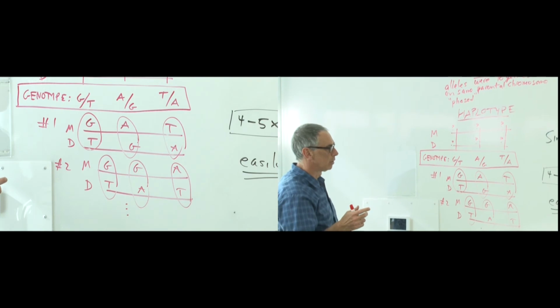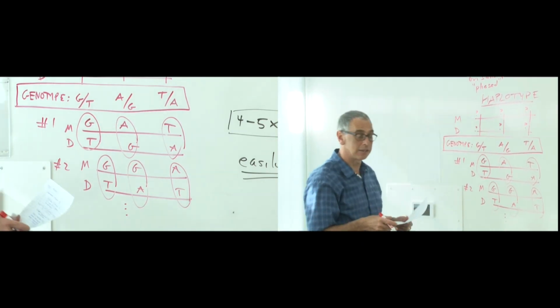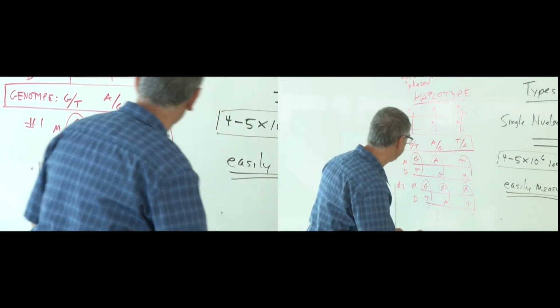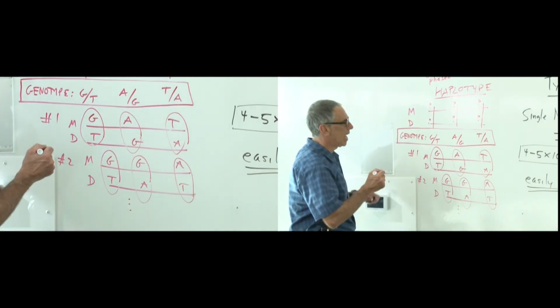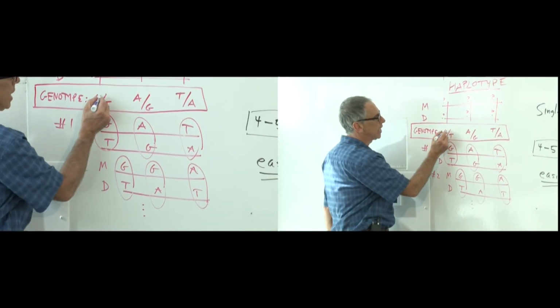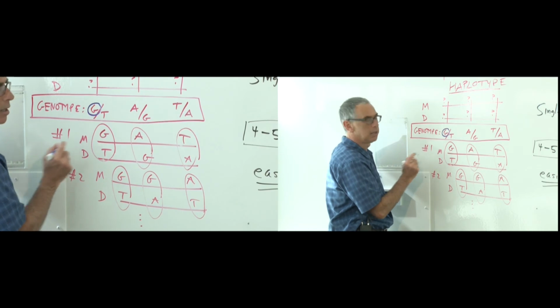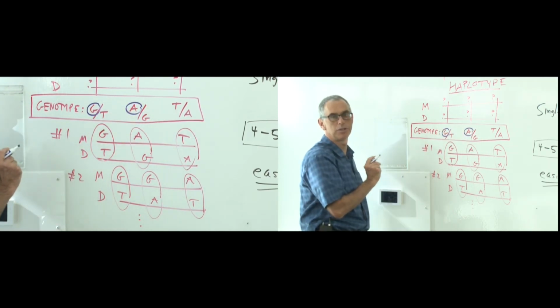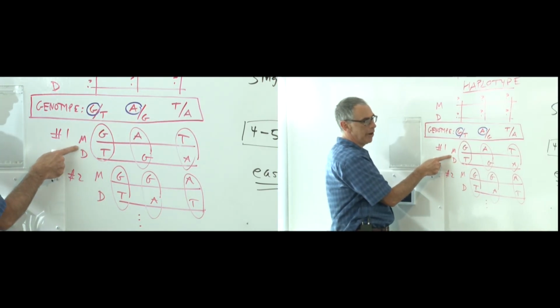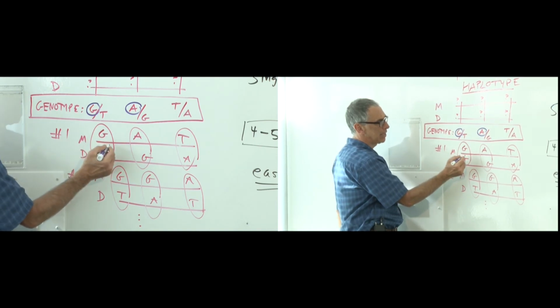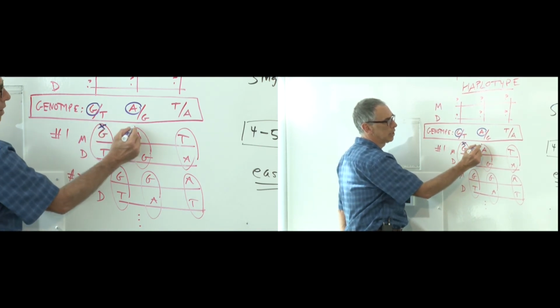This can be important, and let me just end by telling you how this could be important. Let's say that G messes up a protein and the A messes up a protein. In this scenario, mom has messed up her protein twice, once here, once there.